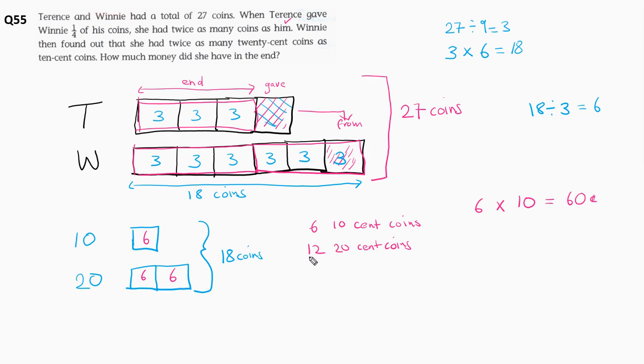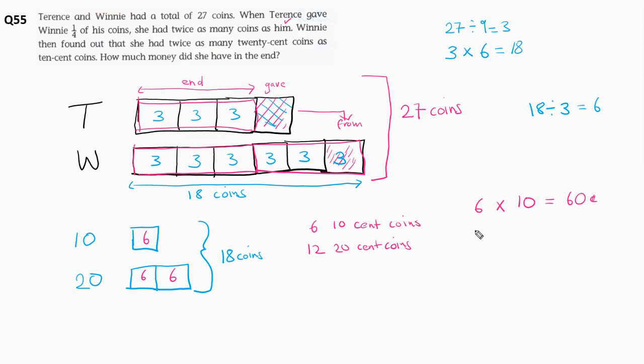And what have we got? We've got 12 20-cent coins. So what is 12 20-cent coins? Well, what's 12 times 2? That's 24, times 10 is 240. And remember, this is in cents. When we are working in pounds and pence, we have to be careful of when we've got pounds and when we've got pence.